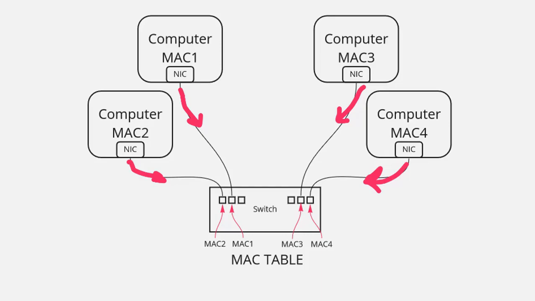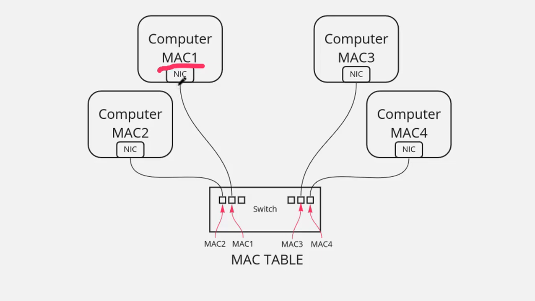Now, let's talk about broadcasts very briefly here. We're going to have a lesson where we get into broadcast, unknown unicast and multicast traffic, so we'll talk much more about this later. But let's assume that computer 1 wants to send some traffic, and it wants every single machine on this switch to get a copy of that traffic. Maybe it's doing an ARP request, and again, that's something we'll learn much more about later on.